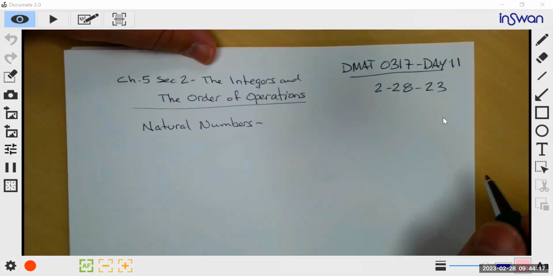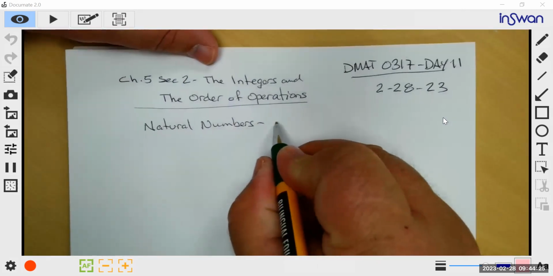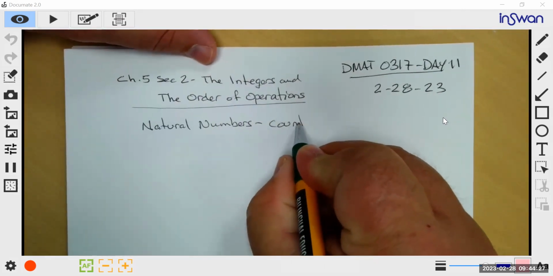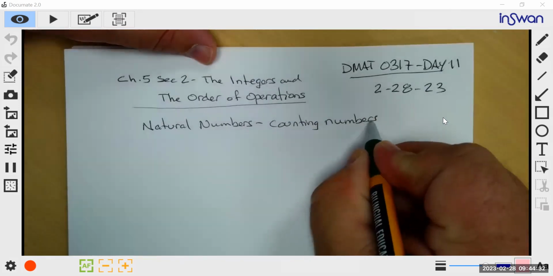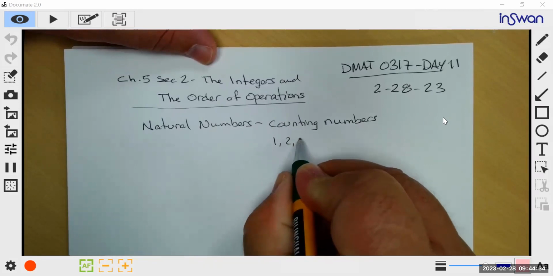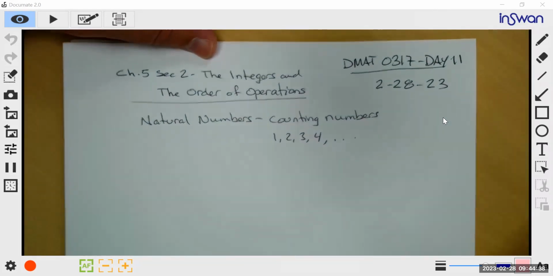We begin with natural numbers. We discussed natural numbers last section. What are natural numbers? Right. They're the counting numbers: one, two, three, four, and so on and so forth, all the way to infinity.